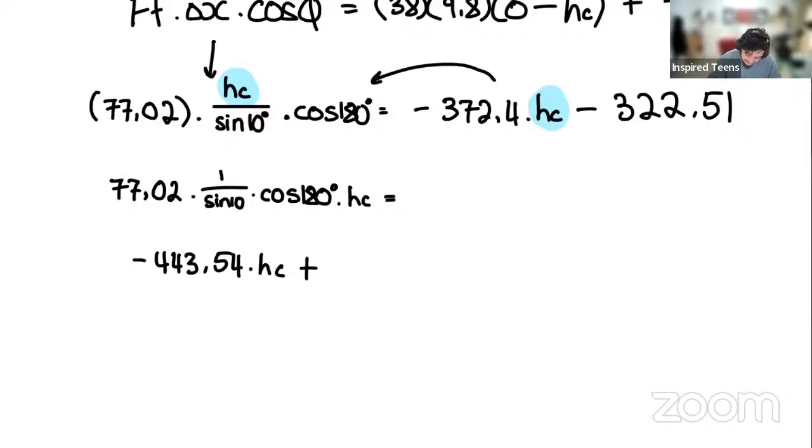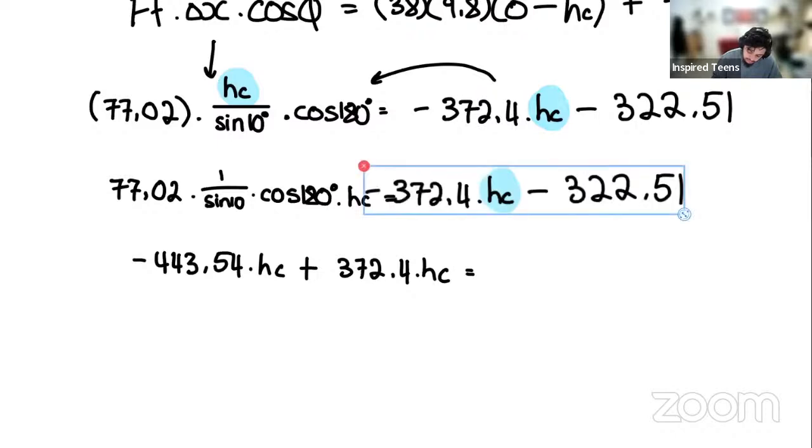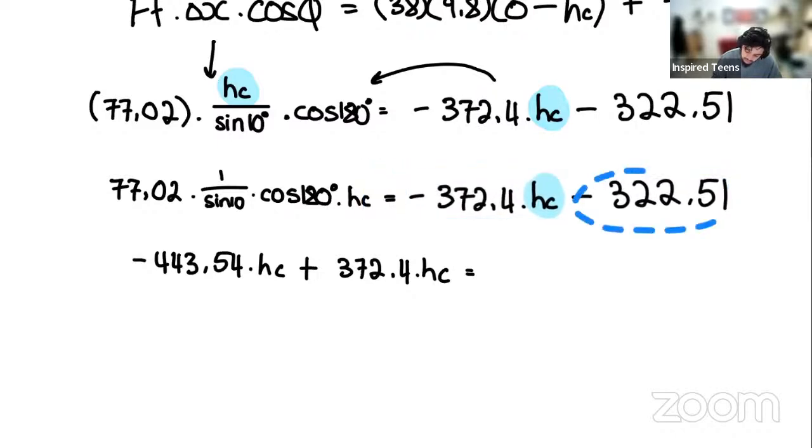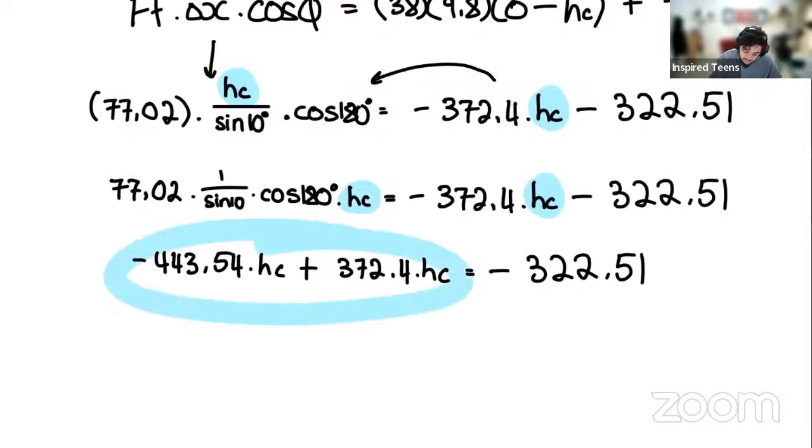It becomes plus 372,4 times HC is equal to, let's get this over here. So it's basically like now I have a variable and its coefficients, a variable and its coefficients. That's why I'm bringing the like terms onto one side.